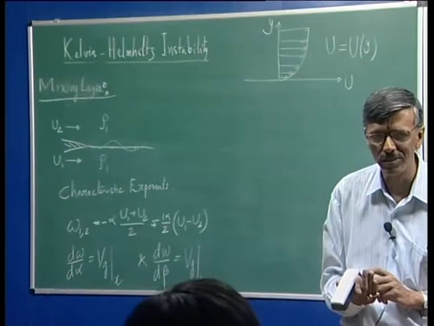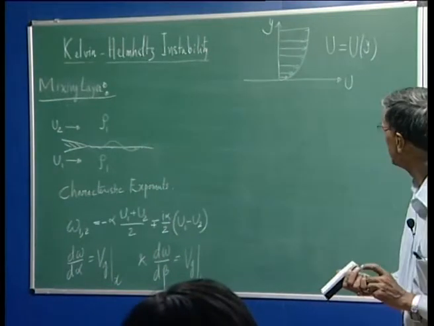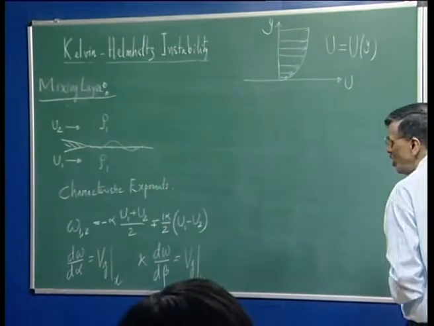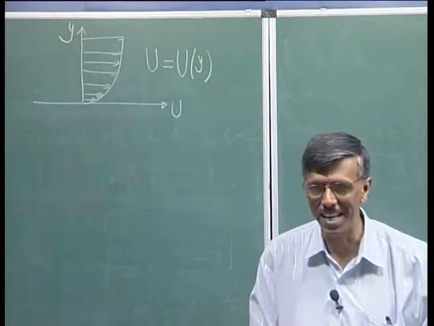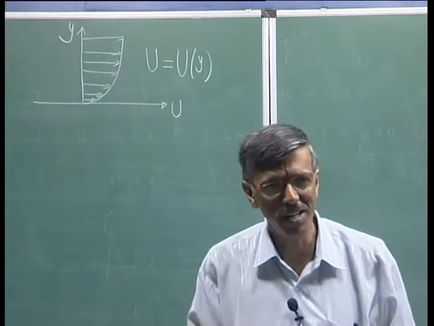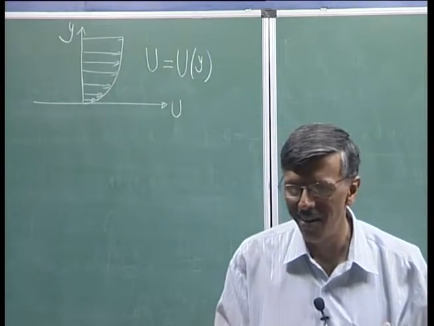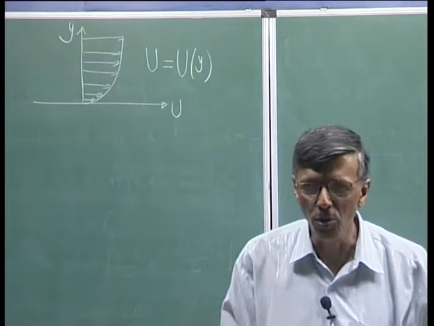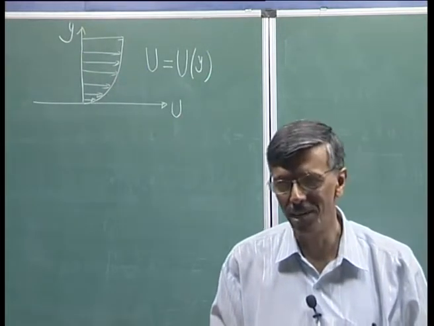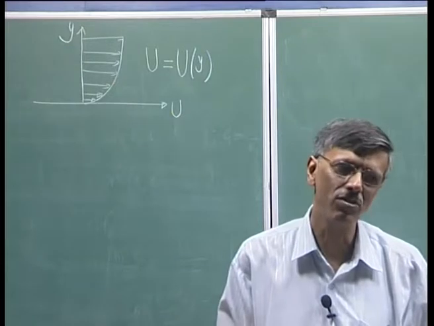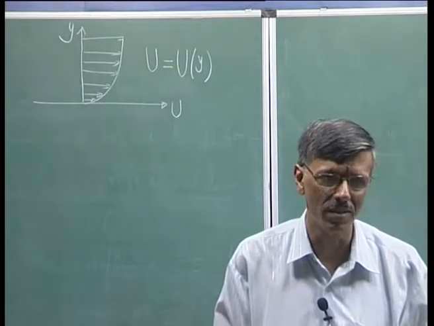Viscous action. So the viscous action that gives rise to the shear, what can it do to the disturbance field? This can attenuate. That's a very commonsensical clue that one would like to draw, that if there is some viscous action, it's going to attenuate the disturbance field.